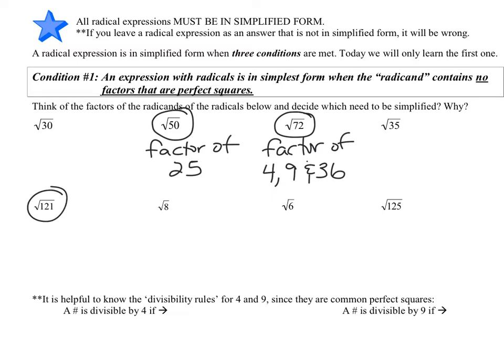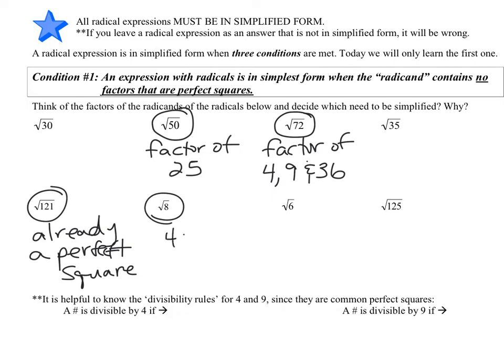The square root of 121 is equal to 11. So this one is already a perfect square. And then the square root of 8, 4 is a factor. And then the square root of 125, 25 is a factor.